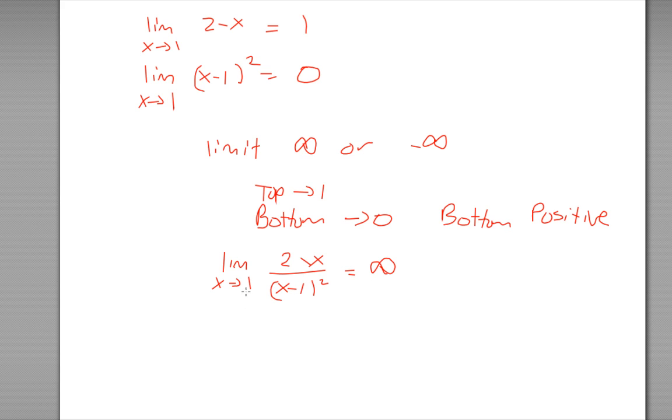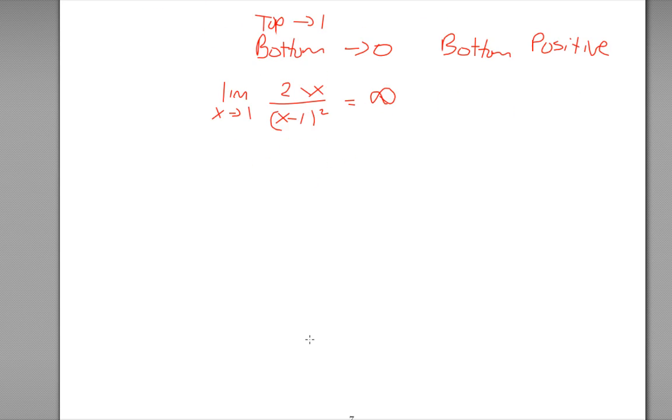As x goes to 1 from the right, it would be a positive number, so from the right, this would be positive infinity. So if the bottom was just x minus 1, you would have different behaviors on each side of 1. This certainly means there's an asymptote, but the behavior from the left side of the asymptote is different from the right side. One would be going to positive infinity, one to negative infinity.